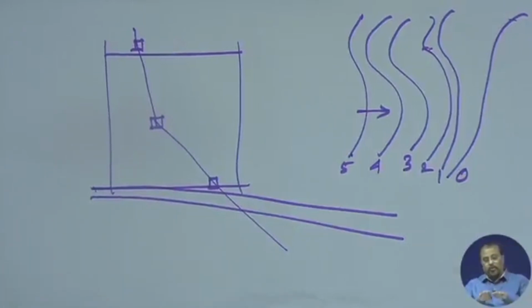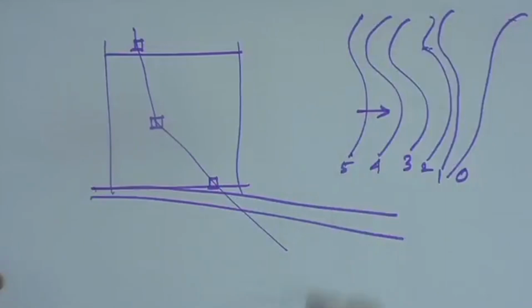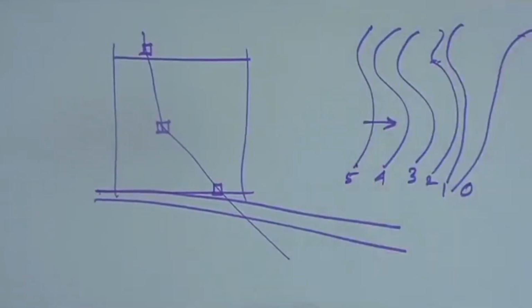In contour analysis, you are trying to find out the levels, the corresponding levels. And in the slope analysis, basically you are trying to find out what the slope is, what the gradient is. That also has reasons. Why should you do that analysis? I will discuss individually.